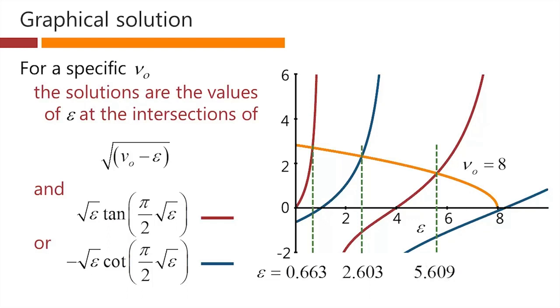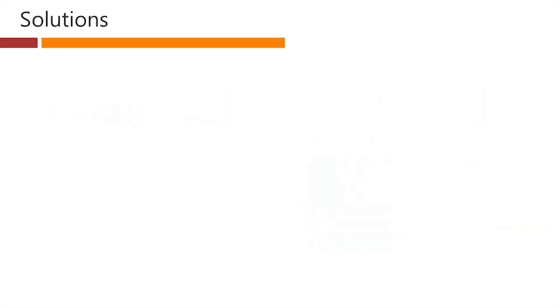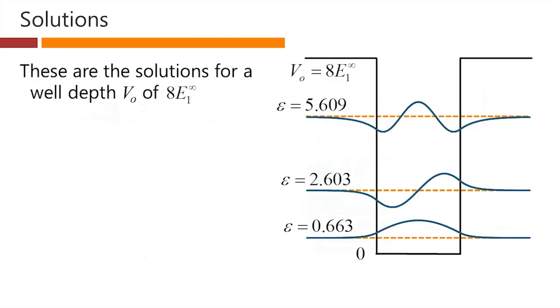And you'll note there are no more solutions here. There are only these three intersections with this curve here and either the tangent or cotangent curves. So there are only 3 eigensolutions inside the well. So these are the actual solutions.